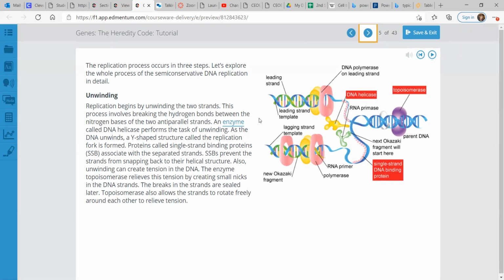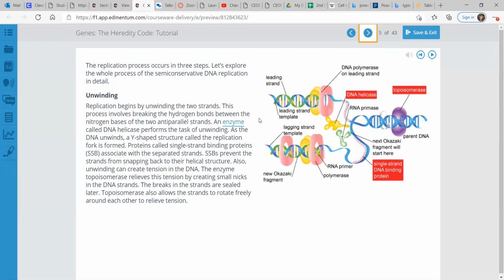Proteins called single-strand binding proteins, which is SSB, associate with the separated strands. SSBs prevent the strands from snapping back to their helical structure. Also, unwinding can create tension in the DNA.